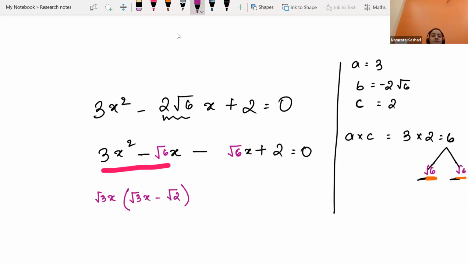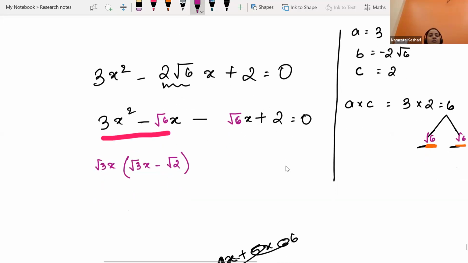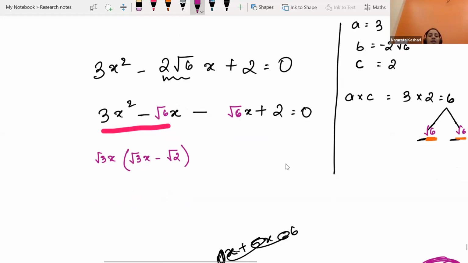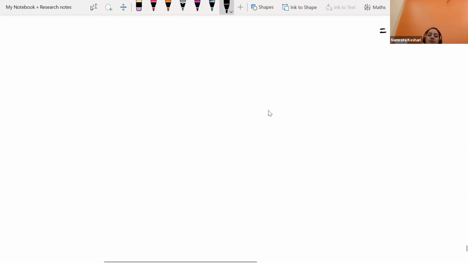From the next two terms, what can be taken out as common factor? Root 6x is there and 2 is there.